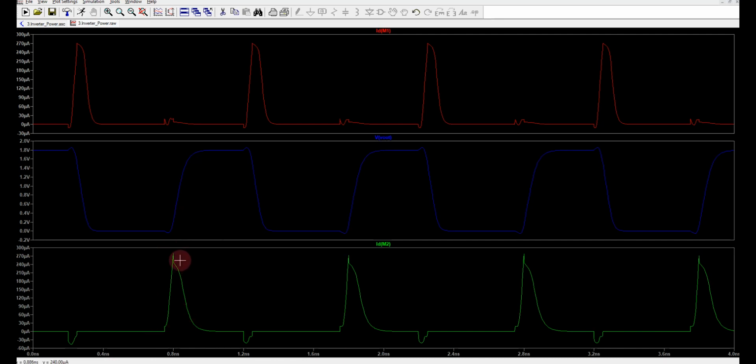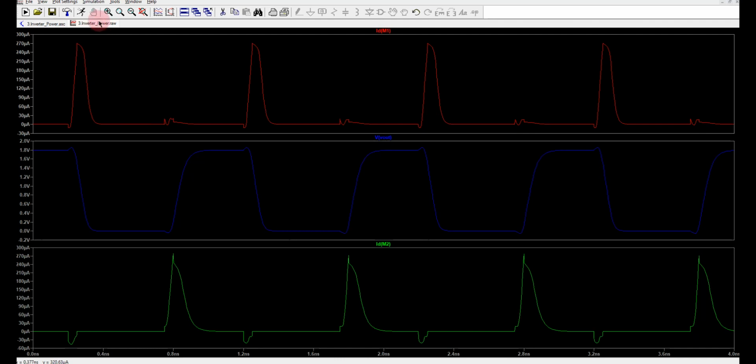So you have this PMOS current going high. Whenever the output is going from high to low, the NMOS current is going high. And now you have very little short circuit current, because I have connected a bigger load capacitance. I told you that if you connect a bigger load capacitance, the short circuit current will decrease. So it is decreased right here. So this is how we plot the currents.